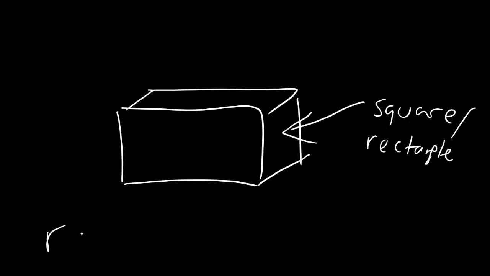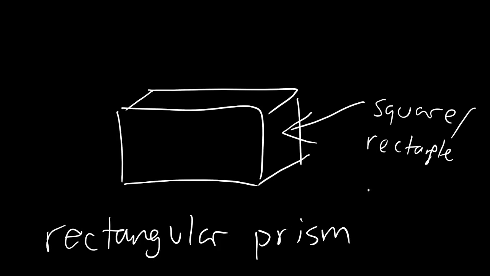However, if you see something like this, where this side is a square or rectangle, those are called rectangular prisms. Notice that the word prism is used.